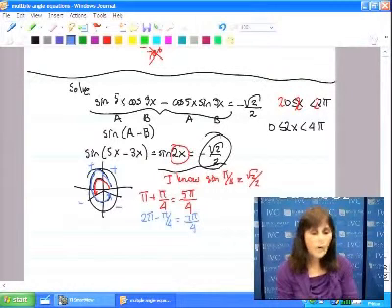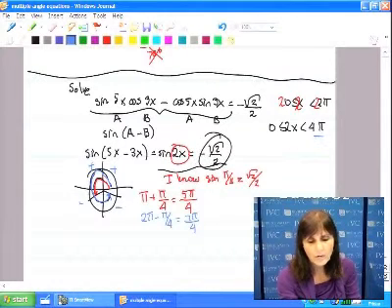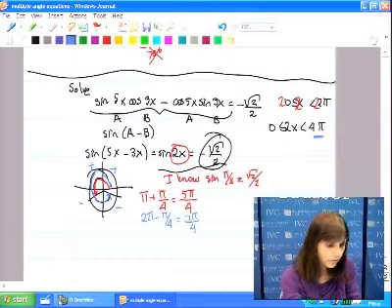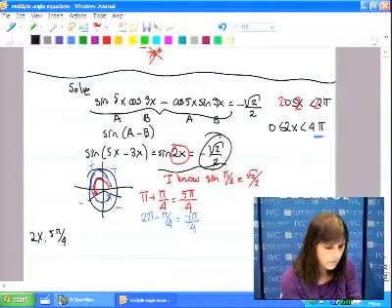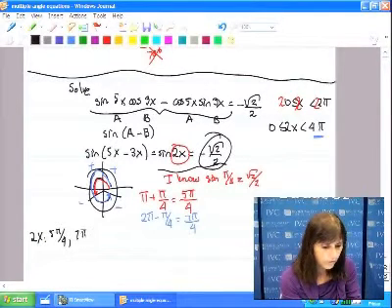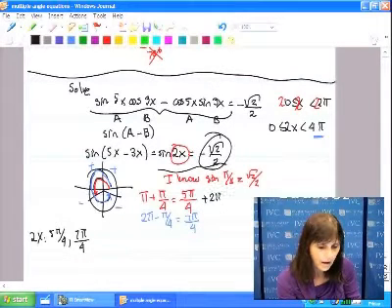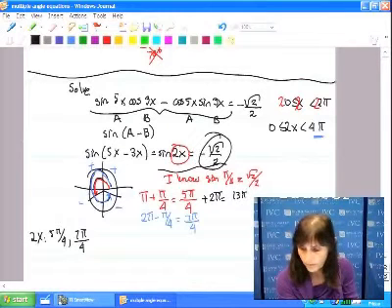Here's a question. Can I go one more round? I need to stay within 4 pi. So I have the first one, 5 pi over 4, and 7 pi over 4. Those are my 2x values. Let's add 2 pi to 5 pi over 4. That's 2 times 4, 8 plus 5, 13 pi over 4.